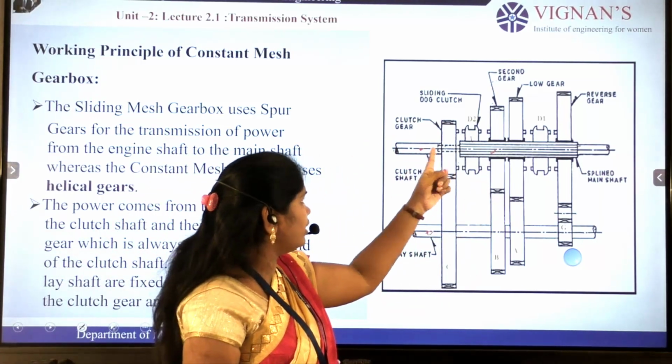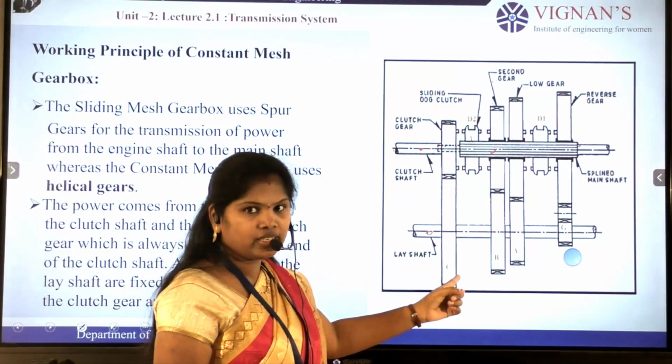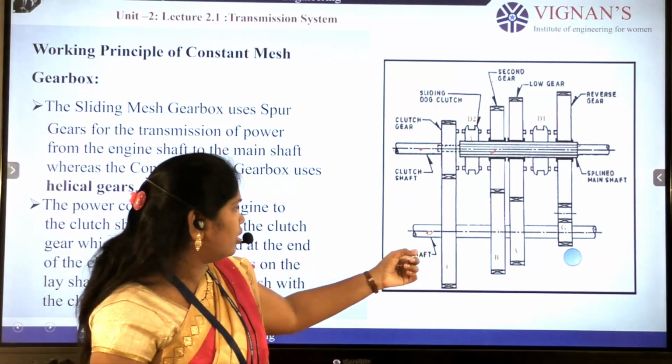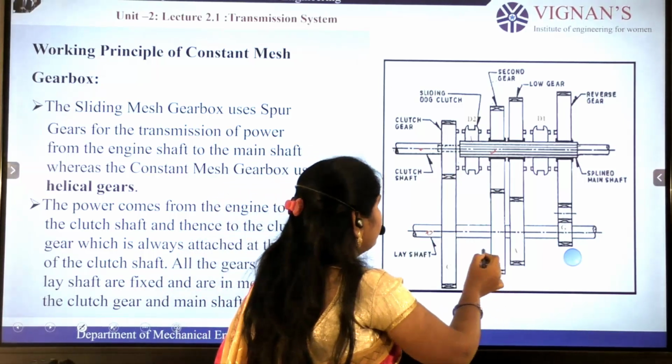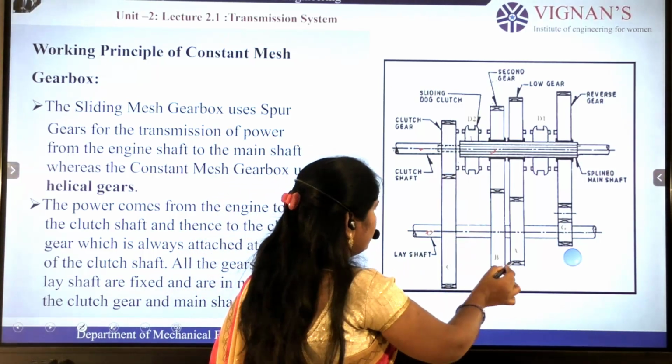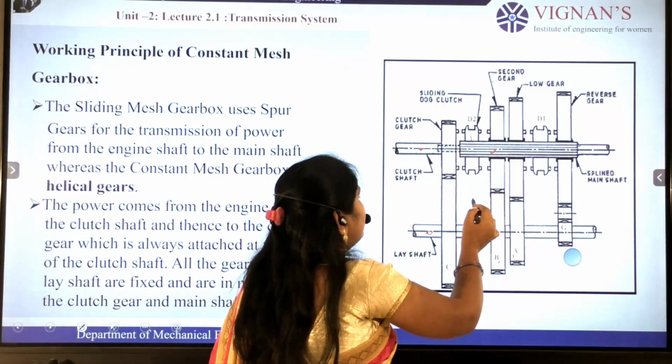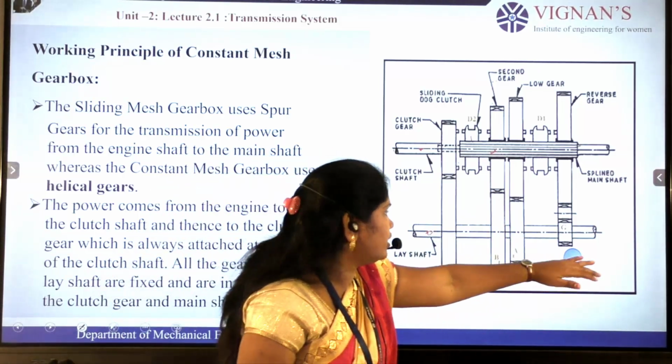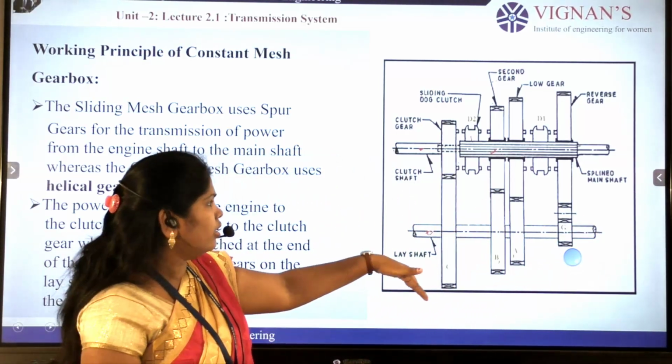The clutch shaft gear A will mesh with gear C, which is placed on the lay shaft. Gears A, B, C and G, these 4 gears, are placed on the lay shaft.